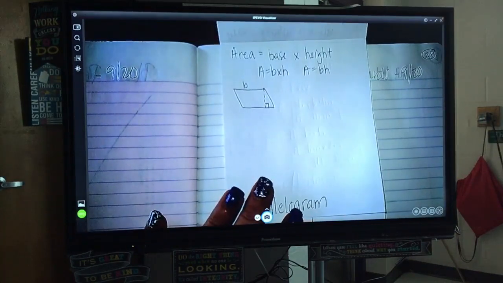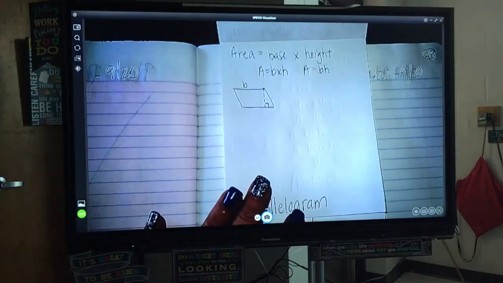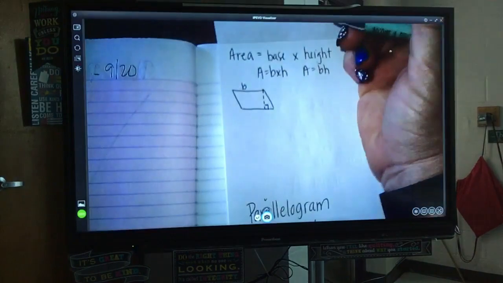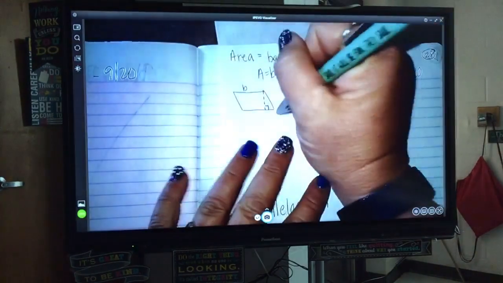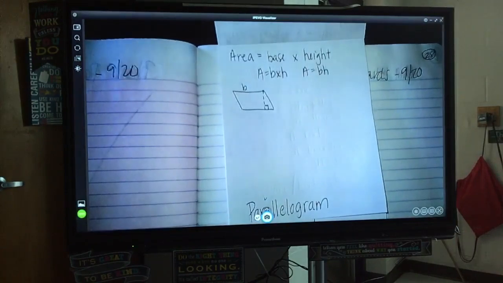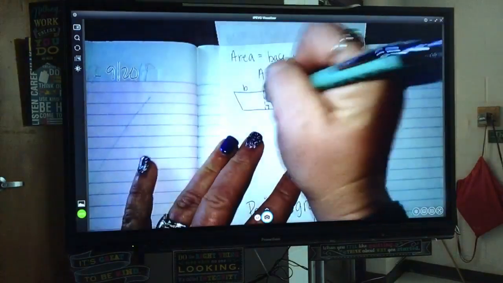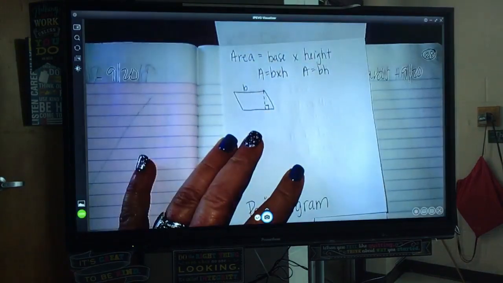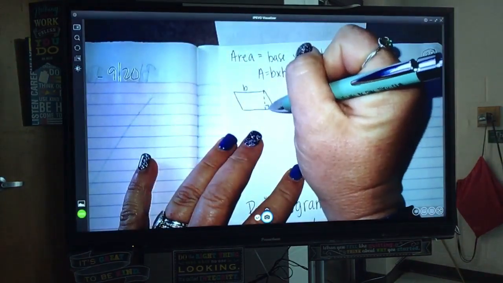Yes, the dotted line means it's straight, which is important because our height has to be straight when it is corresponding to the base. But this 90-degree angle tells us what type of intersecting lines we just formed. Alexa? Yes, this base and this height are perpendicular because of that 90-degree angle.